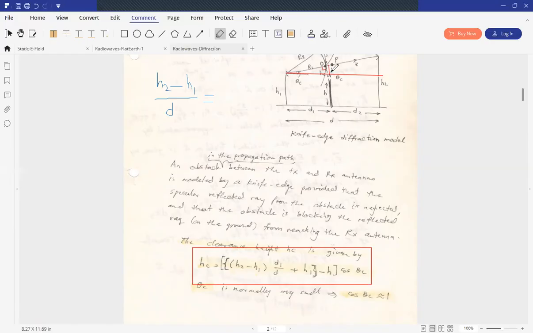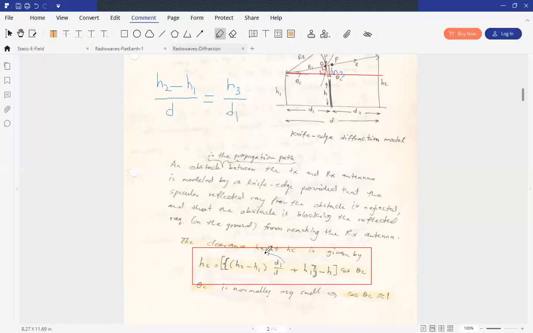Let's call it H3, over D1. Exactly. So H3 is equal to H2 minus H1 times D1 over D.